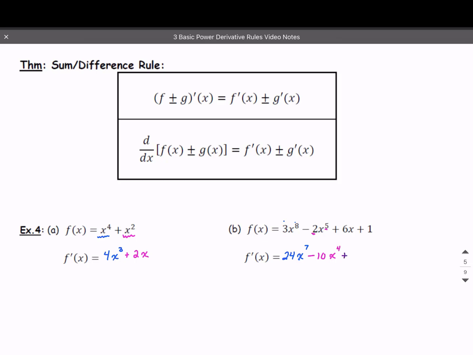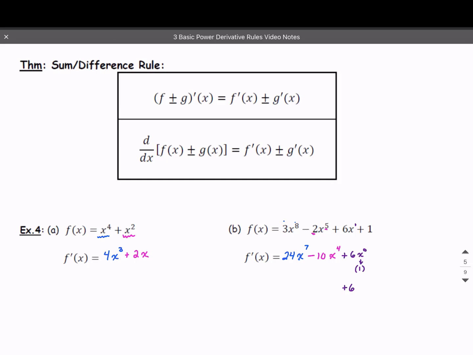Now the exponent on this x is 1, and 1 times 6 is 6. What's the new exponent? 1 minus 1 is 0. But what is x to the 0? That's just 1, which means the derivative of 6x is just 6. Okay, we'll come back to that in a second.